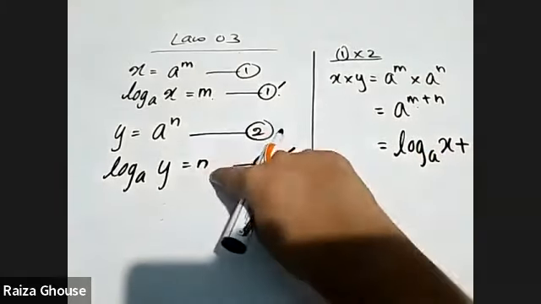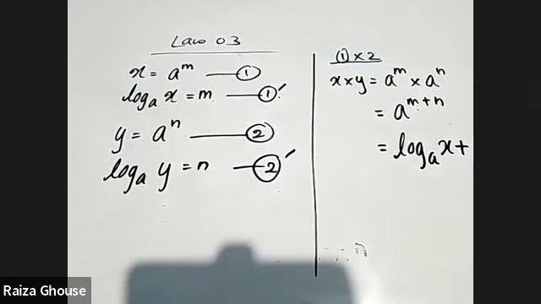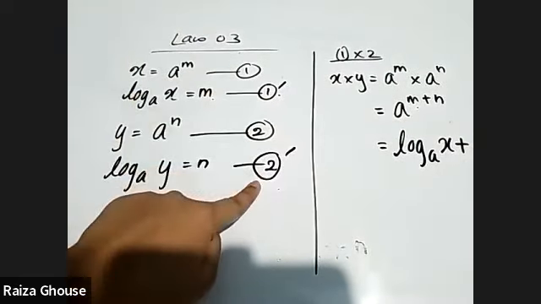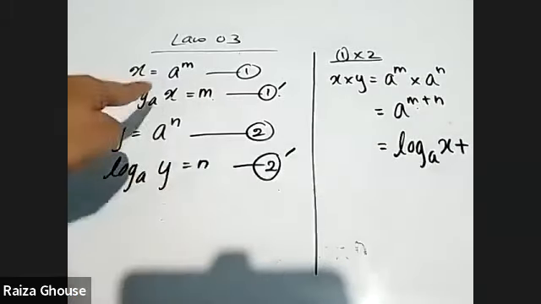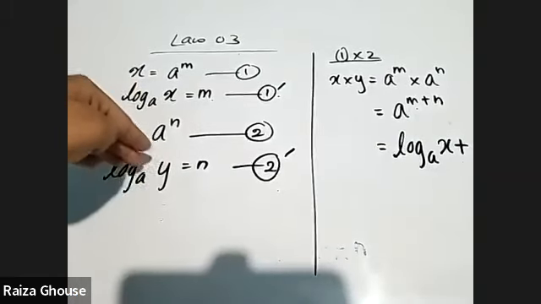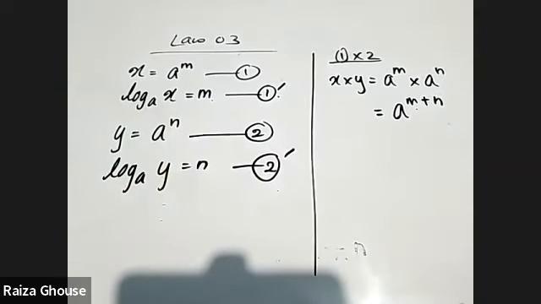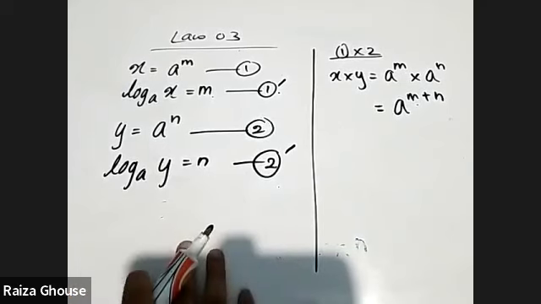Now m and n you are adding, that means you are adding 1 dash and 2 dash. If you add this 1 dash equation and 2 dash equation, your right hand side m and n are getting added. Then in your left hand side also the same thing should happen. Is that clear? Right. First of all, copy down this without getting confusions. Then I'll tell you the next part.